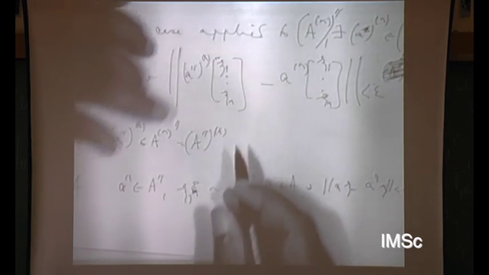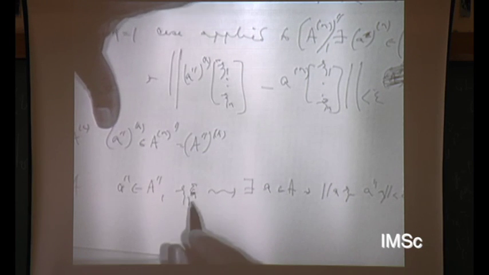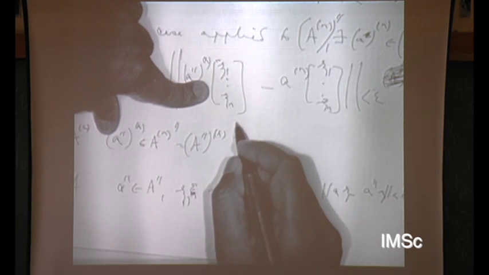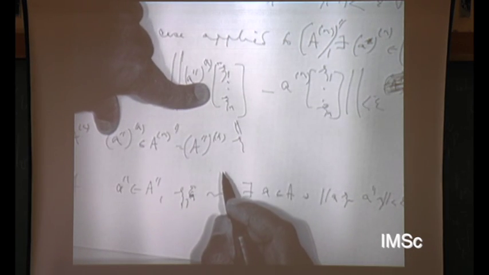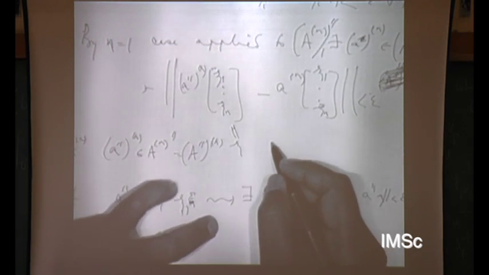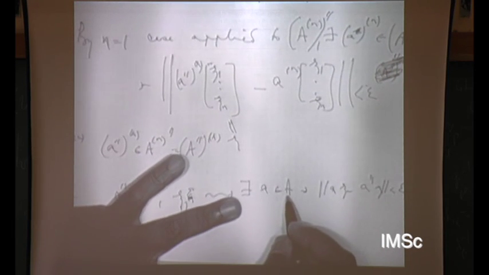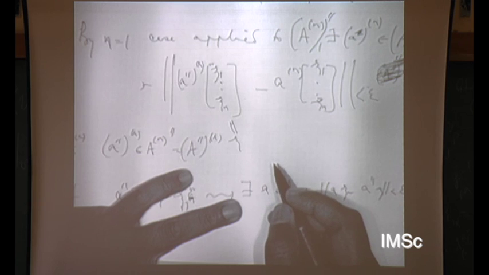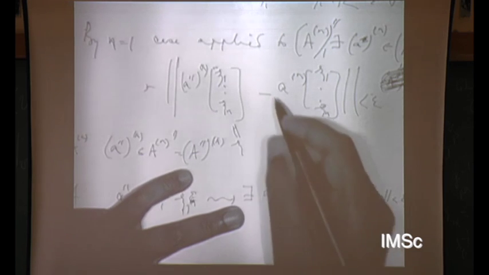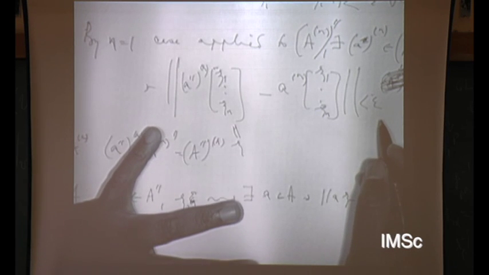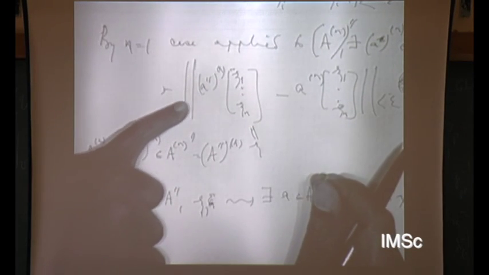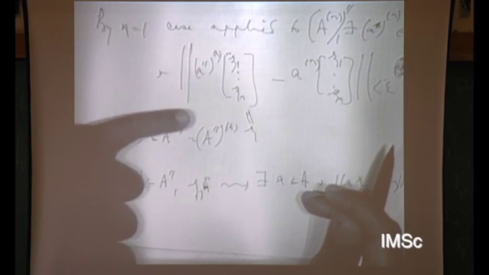So this will say, you take any such thing and you take a vector, namely this xi, and any epsilon, then there exists an A_n, which is the same as saying there exists an A in A, such that this inequality holds. And this certainly implies that for each of them, this means exactly that.